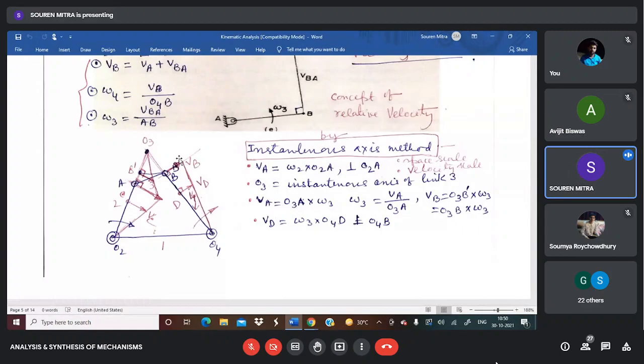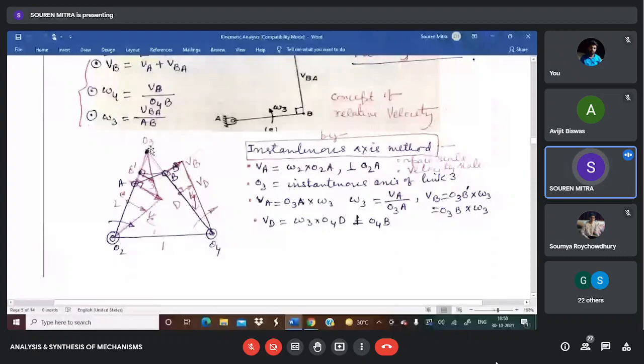Our objective is to determine the velocity and angular velocity of link 3, the angular velocity of link 4, and the velocity V4. Fine. So once we get O3, are we in a position to determine the angular velocity of link 3? Yes or no?